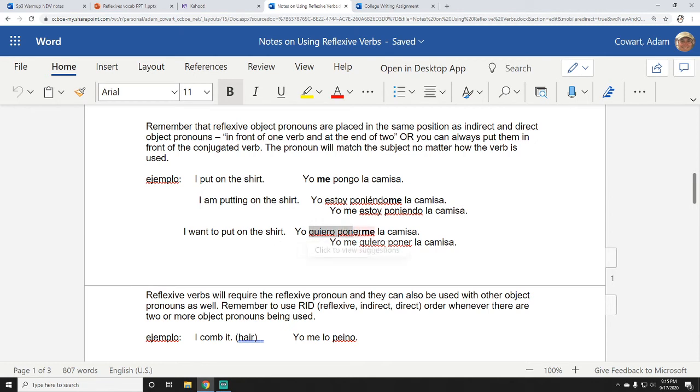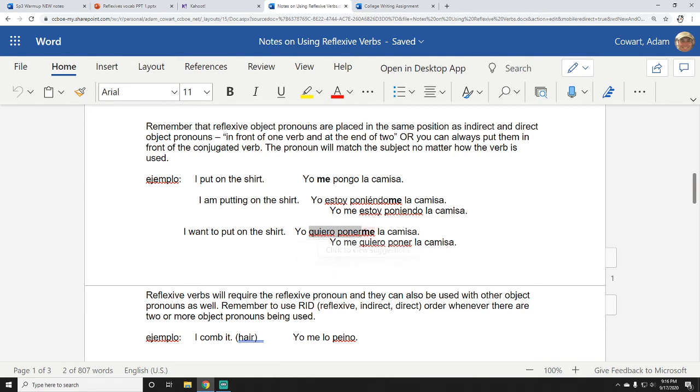I want to put on myself the shirt. And again here, I want to put on the shirt on myself. Okay? This one, I am putting on myself the shirt. So the short answer to all of this is when you have these two verbs, like quiero poner, you can put me before the two verbs or attached to the end. Never, ever, ever in the middle.